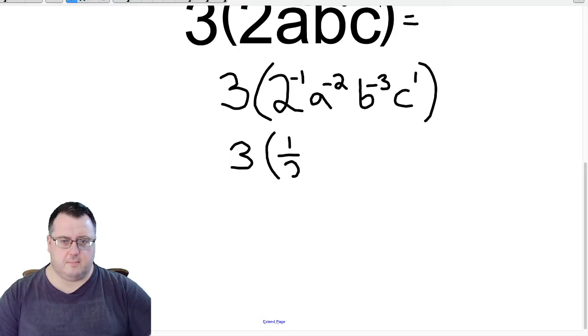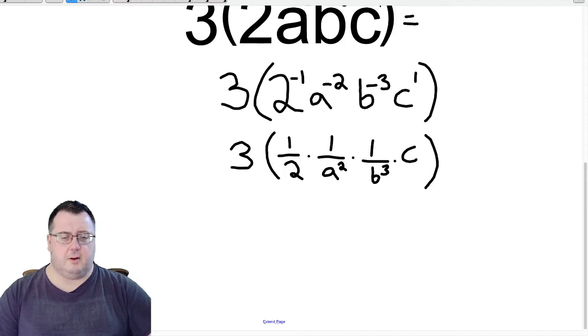So 2 to the minus 1 will be 1/2. A to the minus 2, that's going to be 1 over a squared. B to the minus 3, that's going to be 1 over b cubed. And then c to the power 1, that's just c.